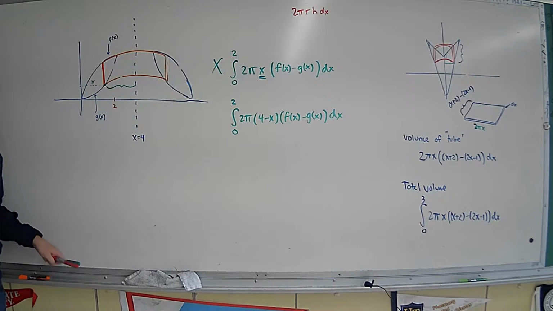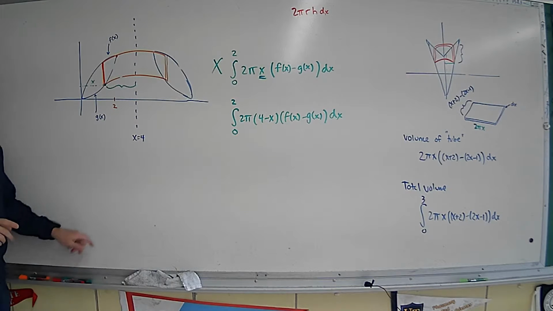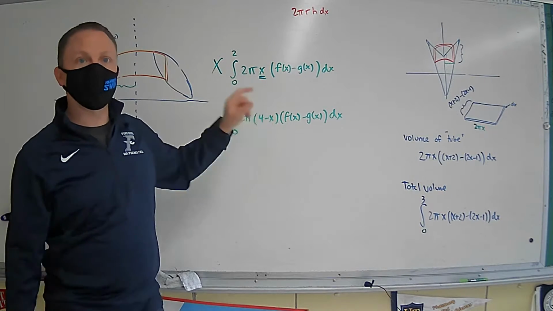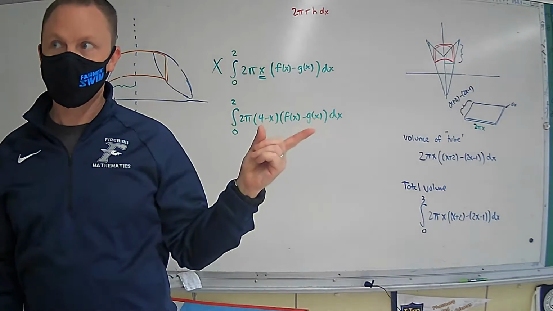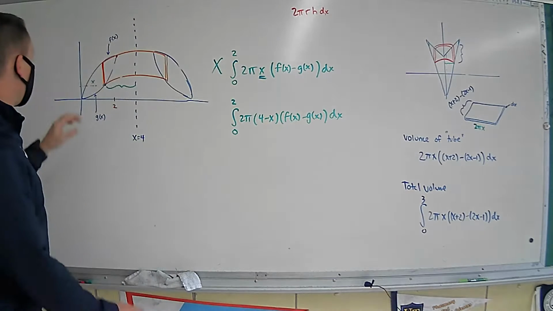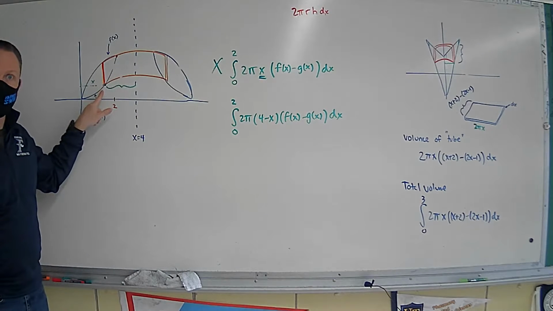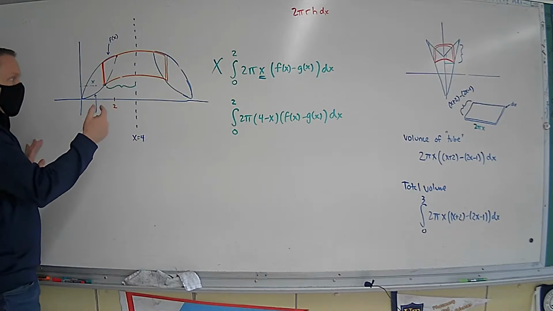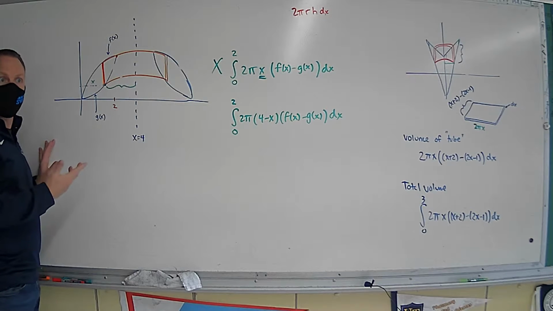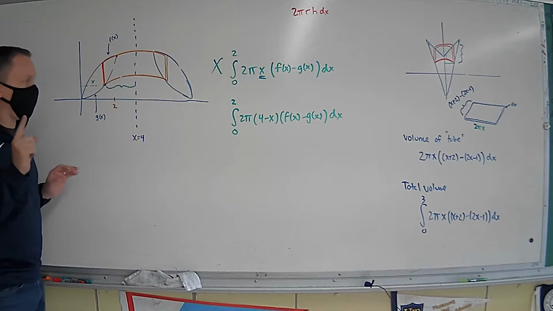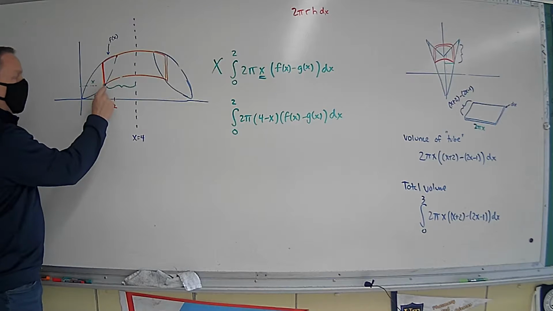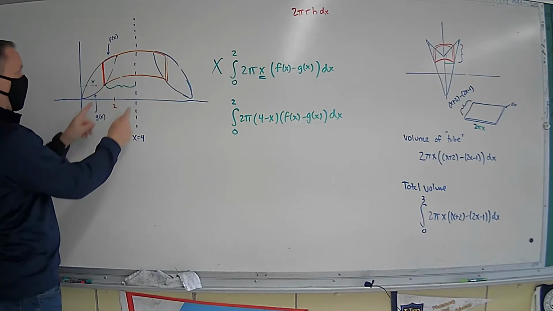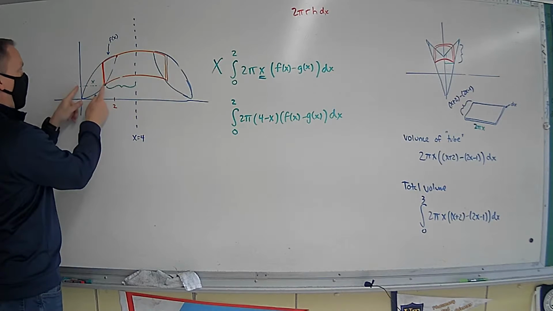What some folks want to do initially is, instead of putting x there, they want to put either g of x or f of x, because they see it's on the curve. They see that point's on the curve, so I use the equation of the curve. But the problem is, if I'm sitting at this point right here, what you really want to do is subtract 4 from that distance right there.